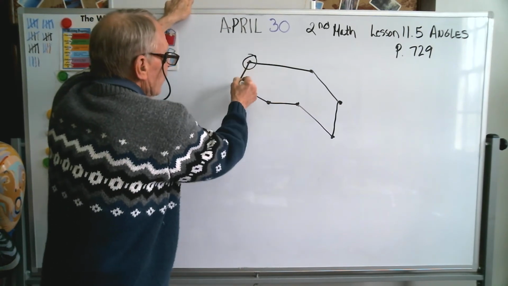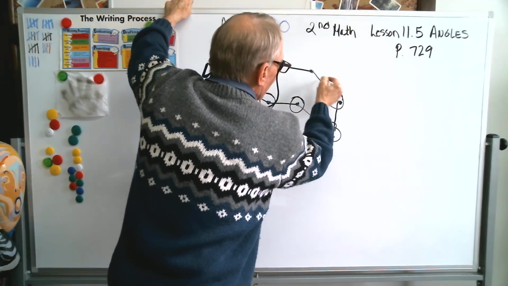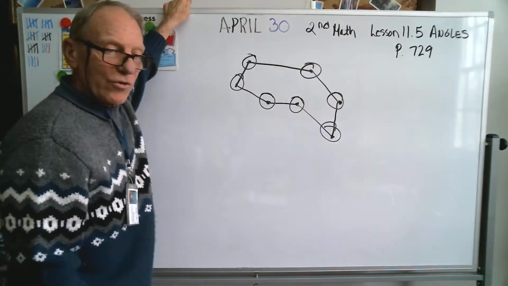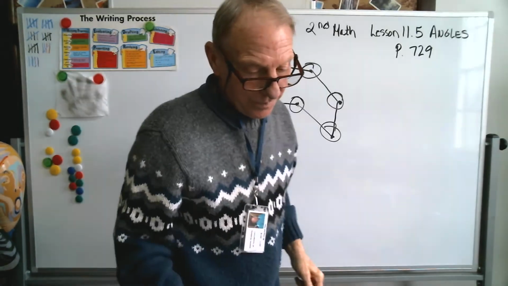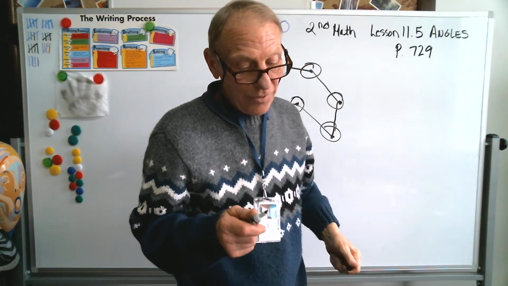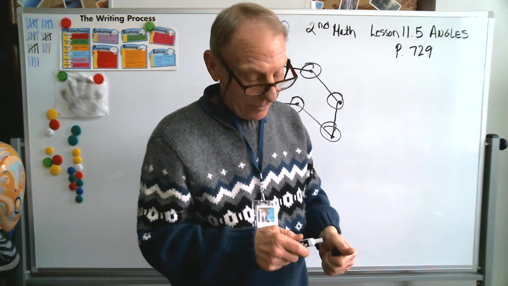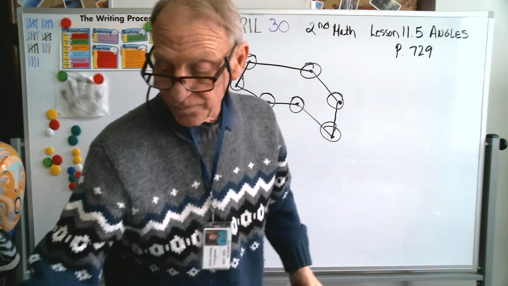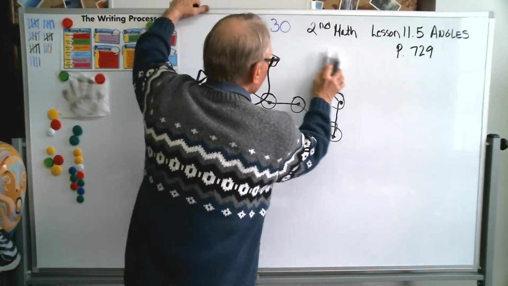And each one of those vertices will then represent an angle where those two lines come together. Number 11 is saying Ben drew three two-dimensional shapes that had 11 angles. So now you're just being asked to do it with 11 angles.